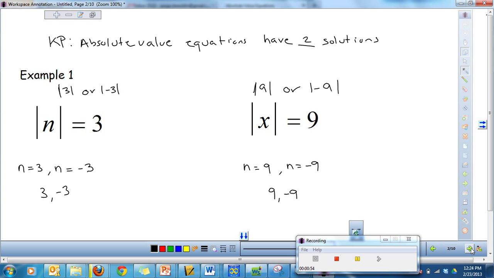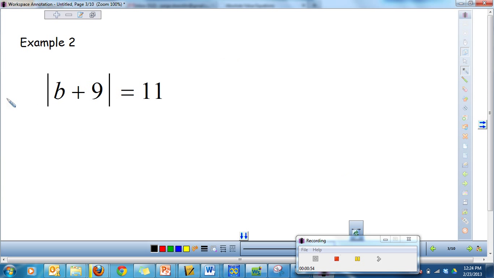Let's do another example. Alright, now we're dealing with some operations, and we know that there's going to be two solutions to every absolute value equation. We just learned that. But now we have some stuff going on inside of the absolute values, so we need to talk about another key point.